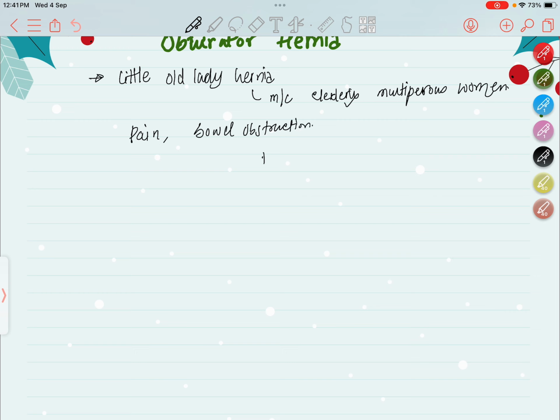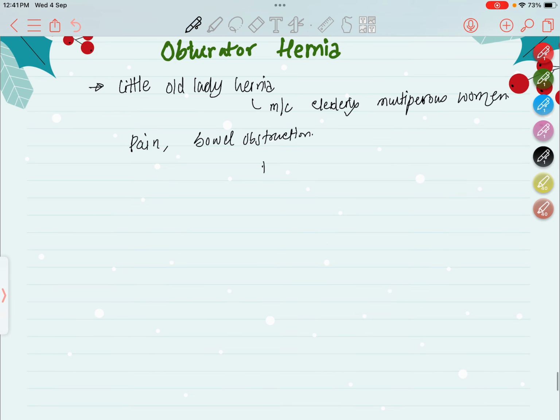Then, it occurs through a small opening, a narrow defect through the obturator foramen.